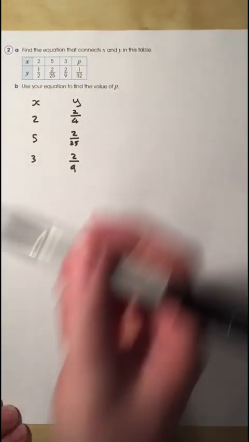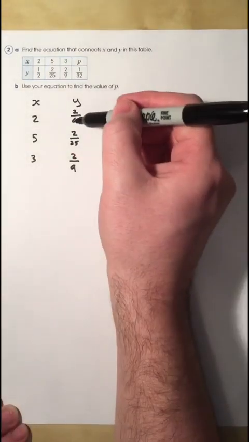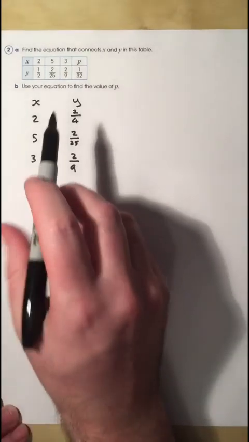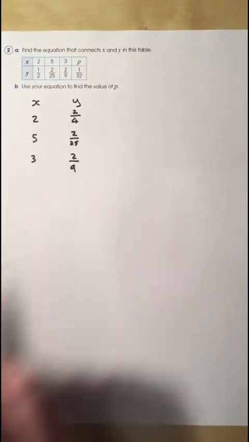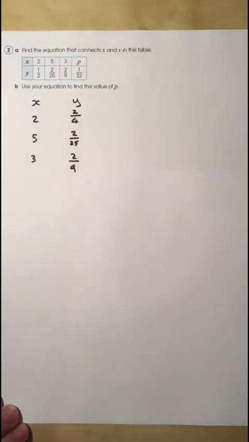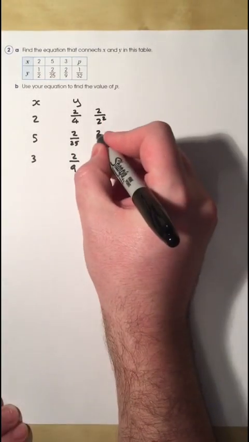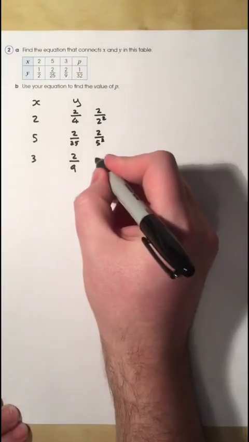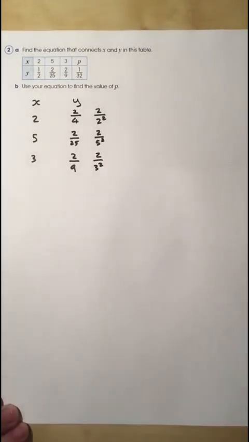So these two are in the table already. This one, I've just changed it so it's the same numerator as the others. Hopefully then once you've done that, you see that the 2 remains constant, but the denominator is changing. And if you can see the relationship between 2 and 4, 5 and 25, and 3 and 9, hopefully you realise this is 2 over 2 squared, 2 over 5 squared, and 2 over 3 squared.